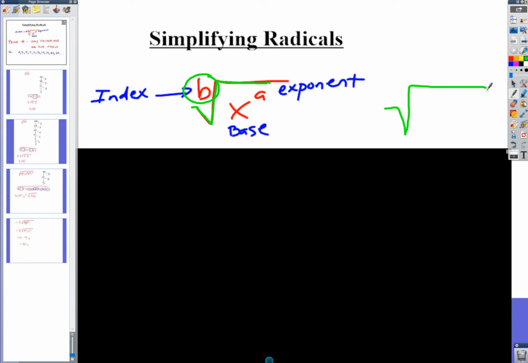The invisible number that you don't see is a 2. That's why they call it a square root. On the inside, underneath the radical symbol, you could potentially have a base, and in some cases you might see an exponent. Depends on how numbers are written.